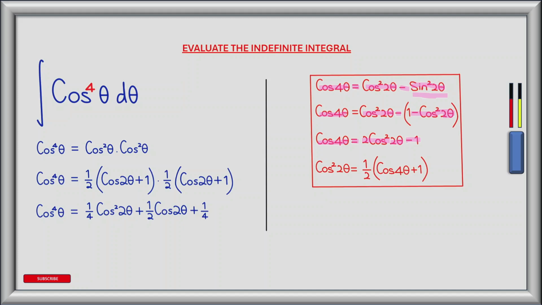If we add 1 to both sides of the equation and divide both sides by 2, we're left with cos²2θ is equal to 1/2 into the bracket of cos4θ plus 1.